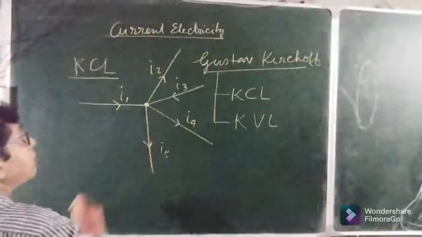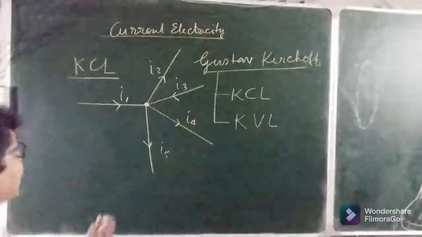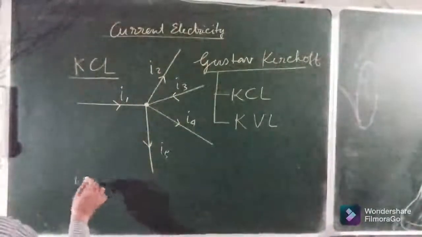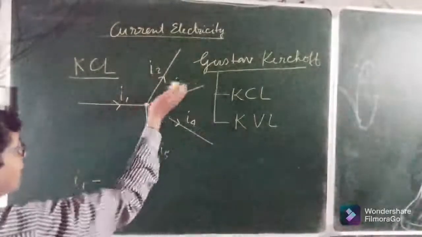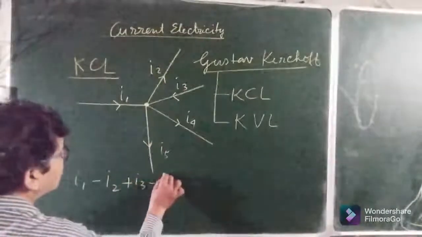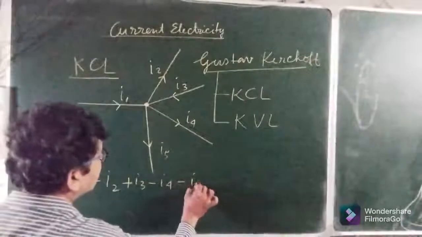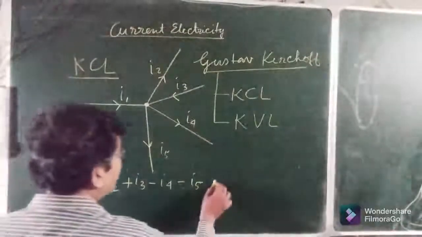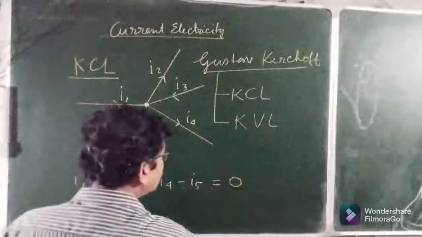So according to him, if we consider those currents which get in to be positive and which get out to be negative, the sum of all these currents that get in and get out will be zero.